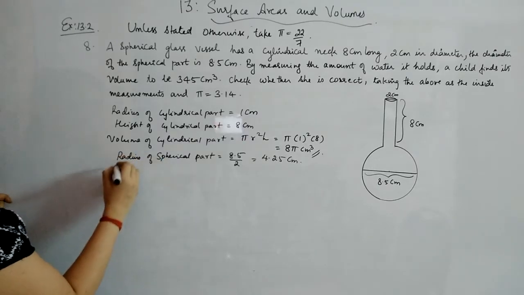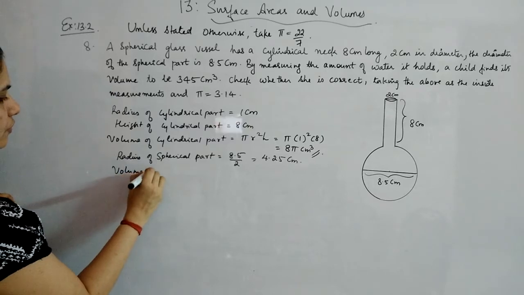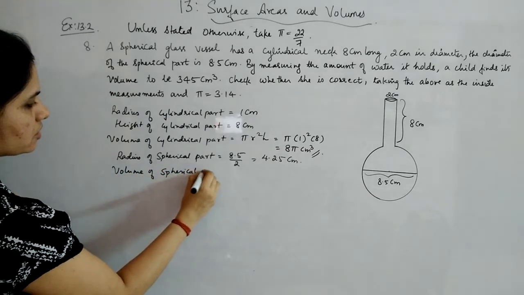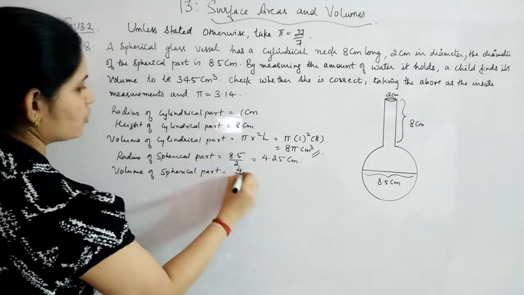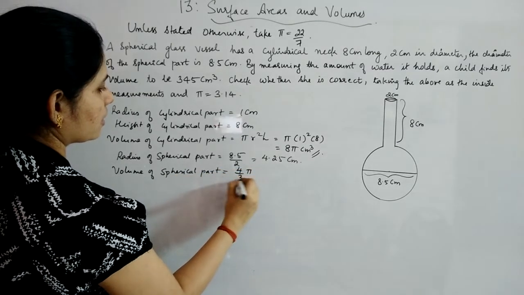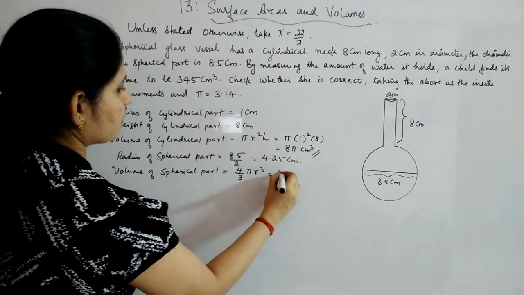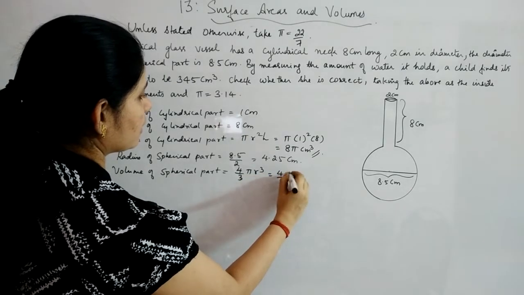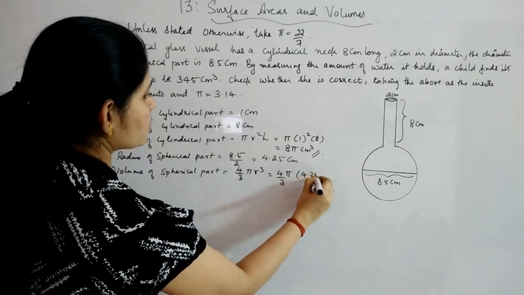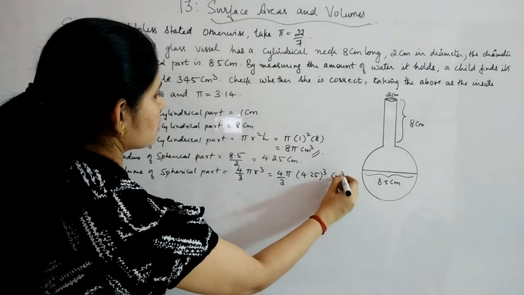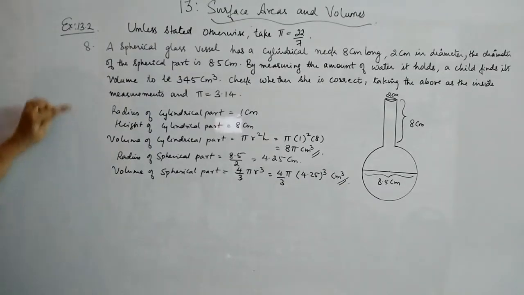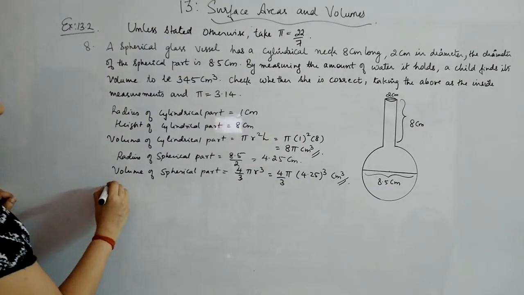So the volume of the spherical part is equal to 4 by 3 pi r cube. Replacing the value, 4 by 3 into pi into 4.25 the whole cube centimeter cubes. Now we'll just add both the volumes in order to get the volume of the spherical glass vessel.